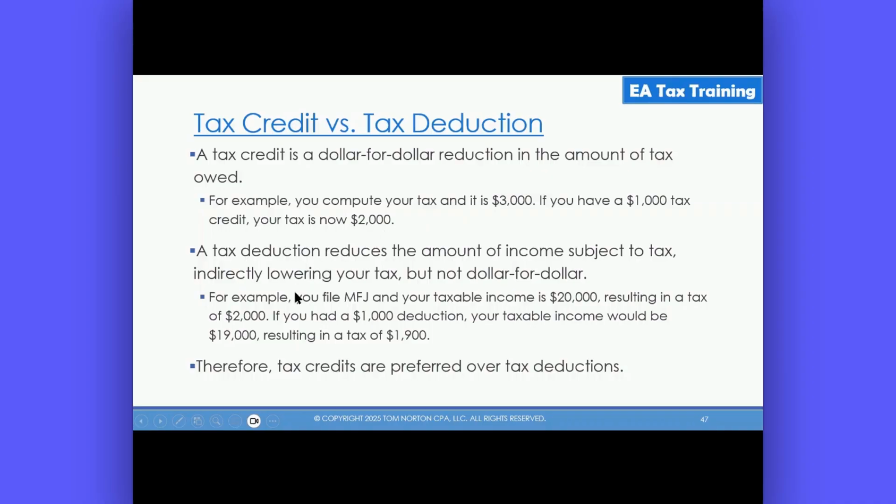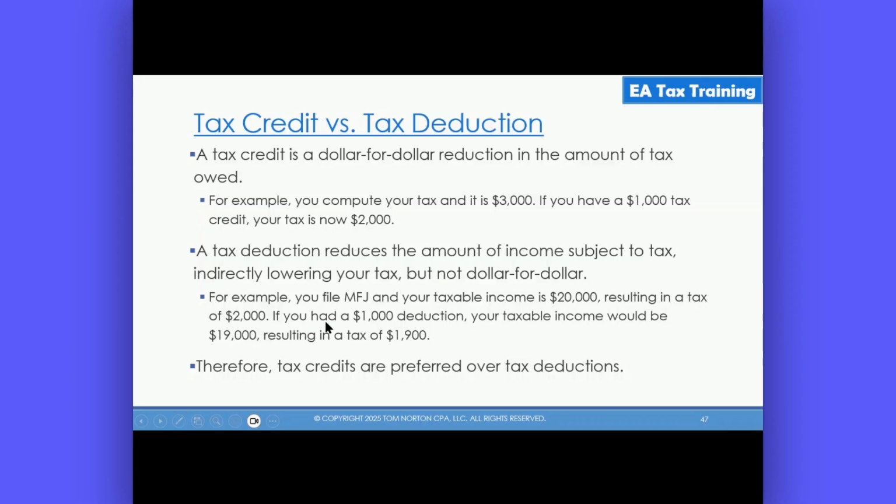A tax deduction, on the other hand, reduces the amount of income that is subject to tax. So it indirectly lowers your tax, but it is not dollar for dollar. So for example, if you've got someone that's married filing jointly and their taxable income is $20,000, that's going to result in a tax of $2,000 because remember, at those lower income amounts, it's a 10% tax bracket.